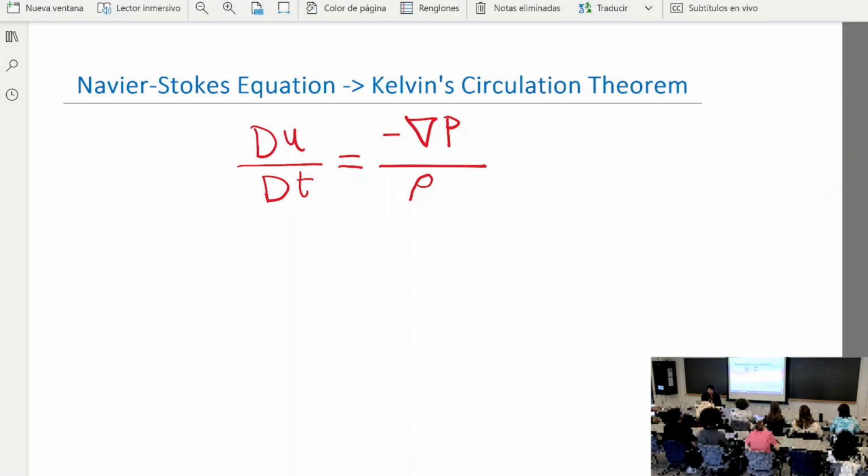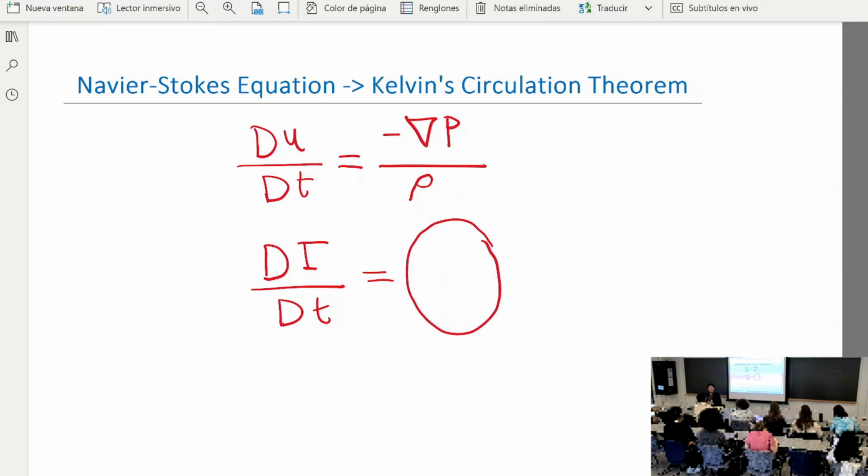Okay, and in the case that the density of the fluid, rho, is uniform everywhere, we derived Kelvin's circulation theorem. And I can write it like this: d gamma/dt equal to a big zero. Gamma is the circulation around a line of fluid.